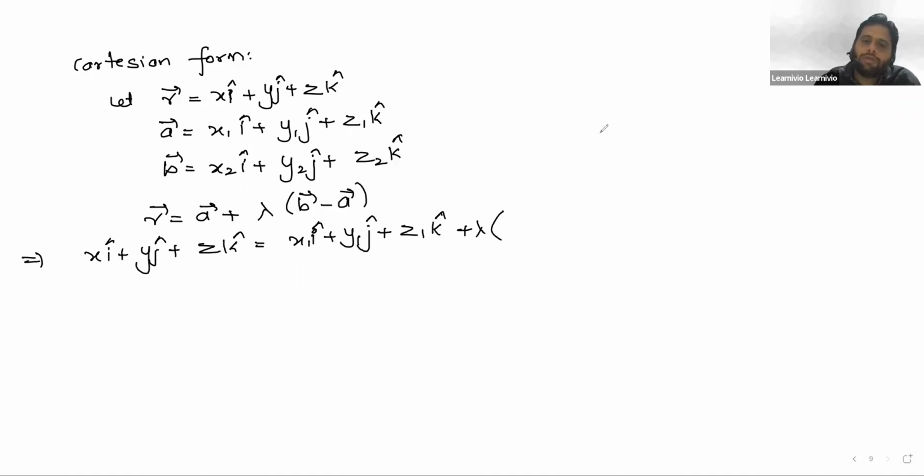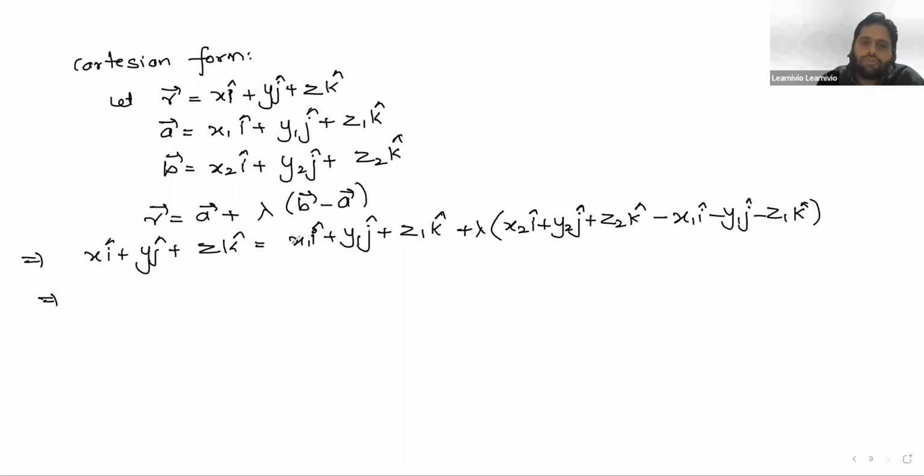B means x2 i cap, y2 j cap, z2 k cap, minus a means x1 i cap, y1 j cap, z1 k cap.